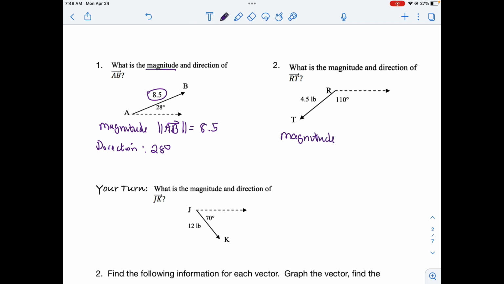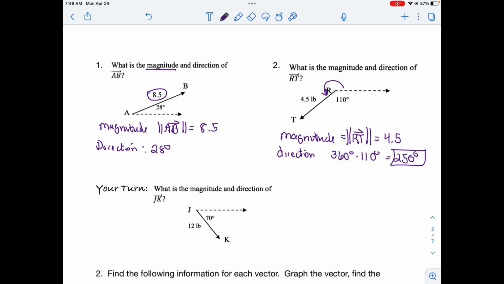Now, we're looking at vector RT. Its magnitude is 4.5. But the direction is not 110 degrees, because direction is very, very important. The direction is measured from a standard position. So to find our direction, I take 360 minus the 110 degrees to get that vector RT's direction is 250 degrees.